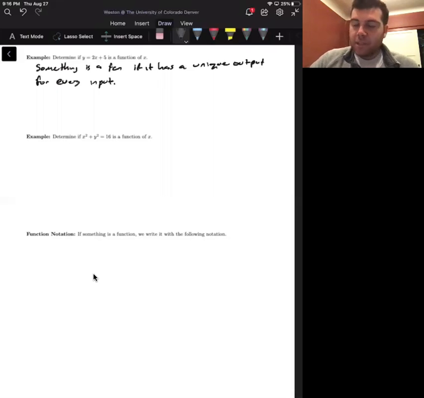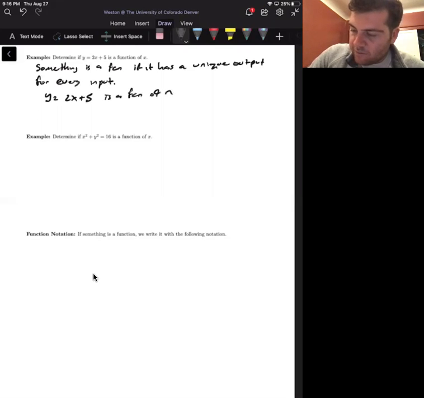Well, we want to determine if the line y equals 2x plus 5 is a function of x. Meaning for every x, do we get a unique y out of it?